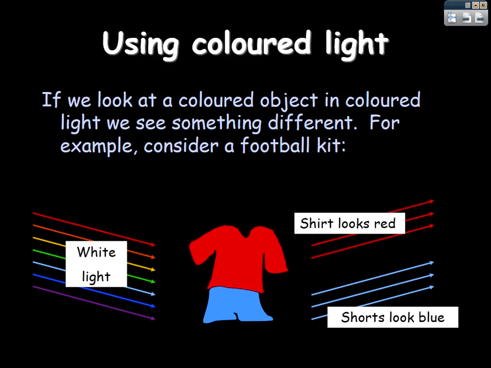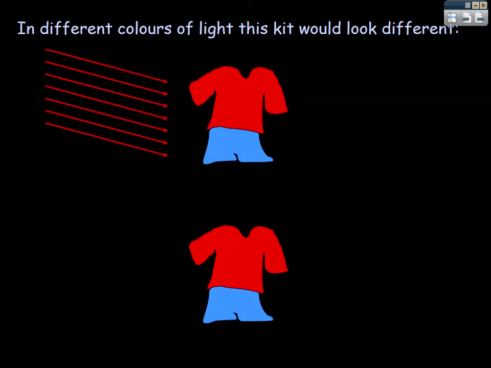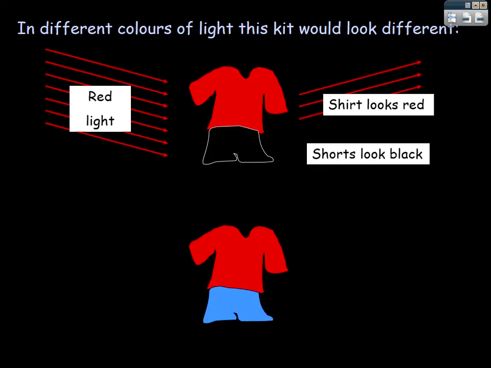But what happens if I shine this under a different color light? What if I just shine it under red? Well, the red shirt will still reflect red. We'll still see that, and it will appear red. But the blue shorts have no blue color to reflect. So how will that appear? What does the blue do? It'll actually absorb the red. This is where we get into absorption, and it'll appear black. So under red light, instead of red and blue shorts, that person will appear to have red and black shorts on.